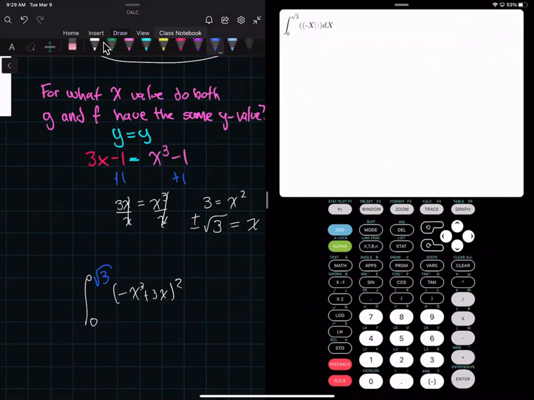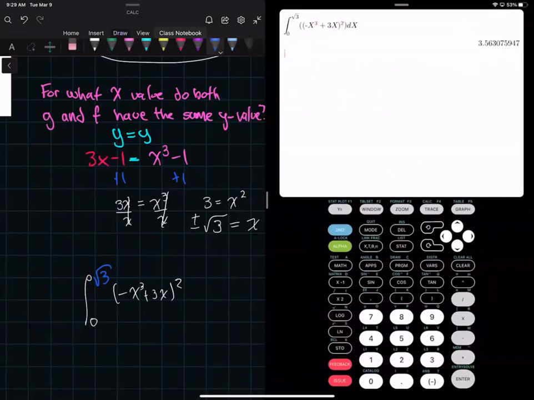Okay, negative x cubed, and then plus 3x. And then close parentheses squared. Enter. And it gave me this as my solution.